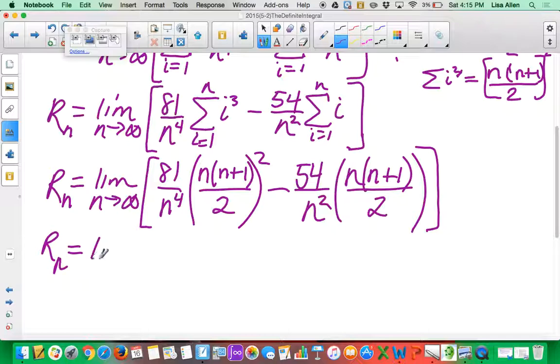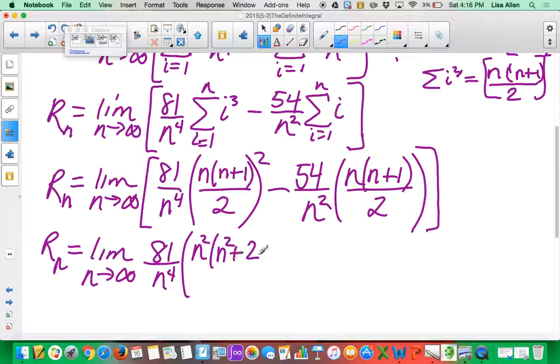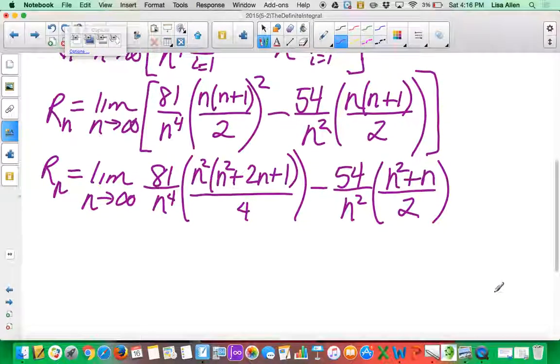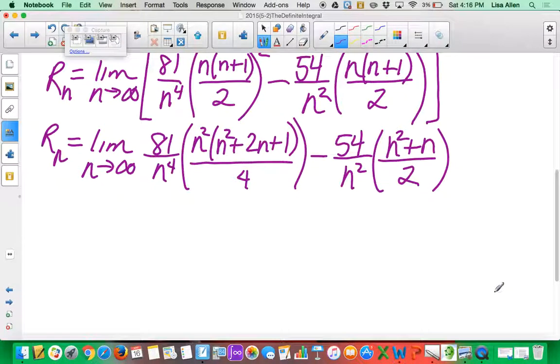So we get the limit as n approaches infinity of 81 over n to the 4th times, if I simplify, n squared times n squared plus 2n plus 1 over 4, minus 54 over n squared times n squared plus n over 2. I could have simplified in the last step, but no need to.